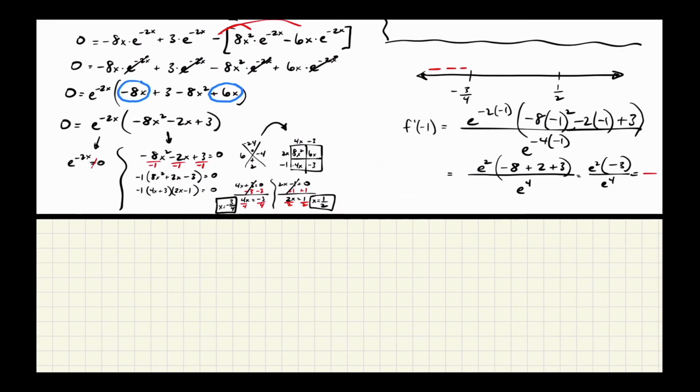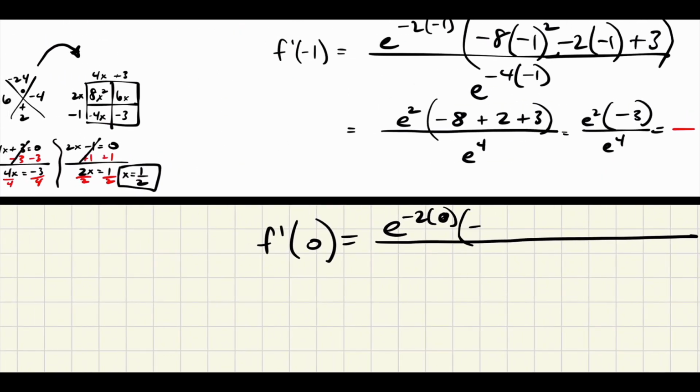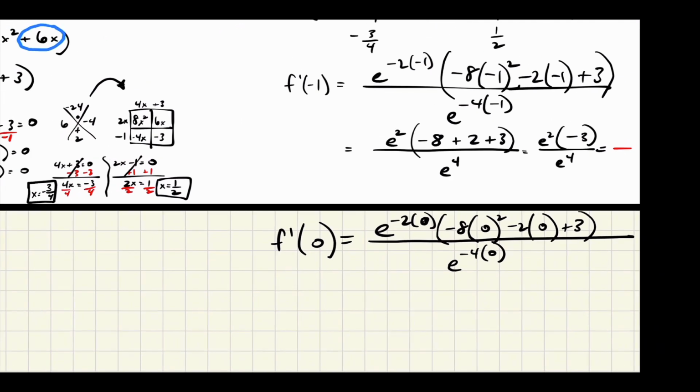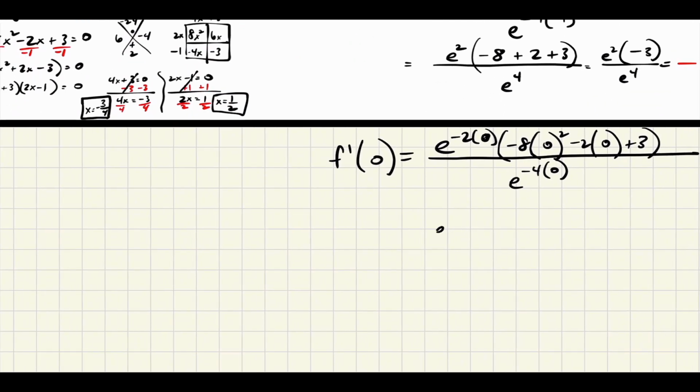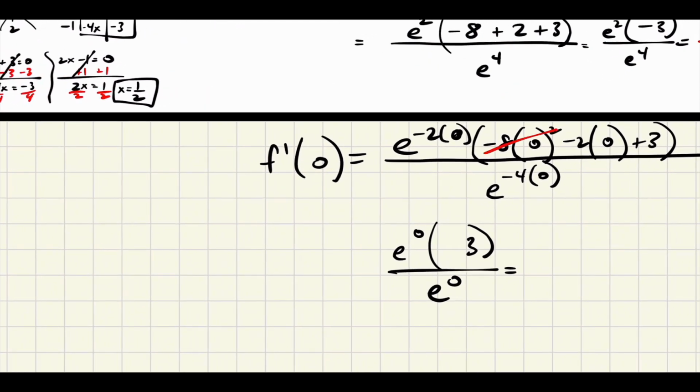Okay, so now let me do it with 0. e to the -2 times 0, -8 times 0 squared minus 2 times 0 plus 3, over e to the -4 times 0. e to the 0, which is 1, times 3 over e to the 0, because these guys in here would cancel out. Positive.